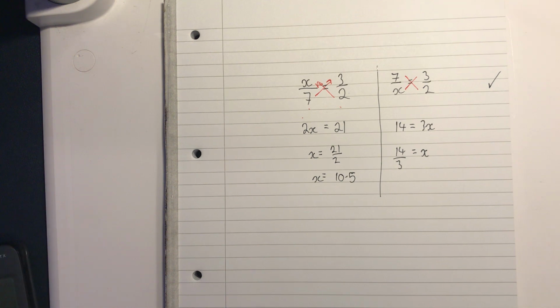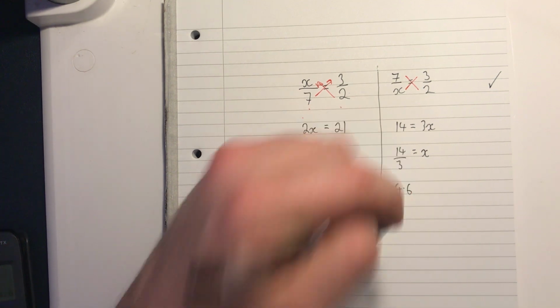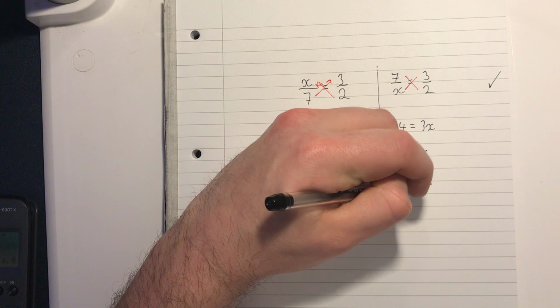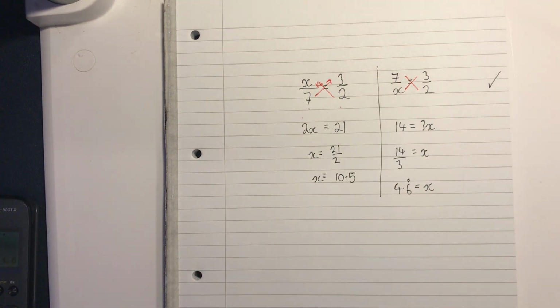And that's 4.6 recurring. So x is equal to 4.6 recurring. So you need to be skilled at both ways, when the x is on the bottom and when the x is on the top. Or when the unknown rather is on the top and the bottom.